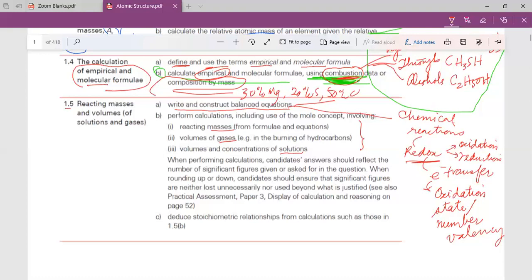Pen. Review. Thinking. Okay, this is -1. I do one yellow, one red. This is -1, this is +1.